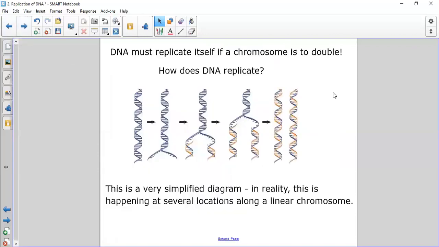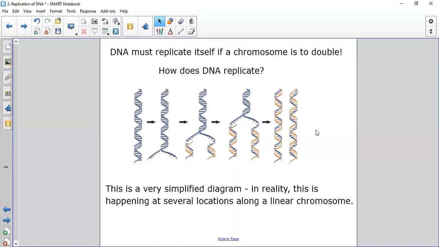Okay, so how does DNA replicate? Now, this diagram here is very simplified. So here we've got one strand of DNA, and you can see it looks like it's starting to separate out, and it looks like there's new bits of DNA, that's the bit in red, magically appearing on each strand that's separated out.